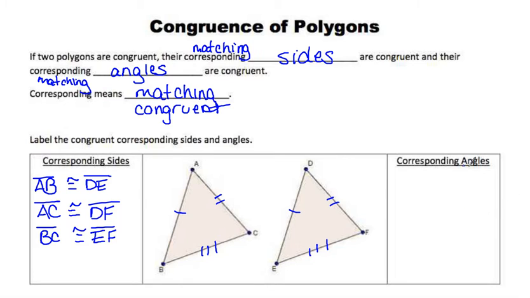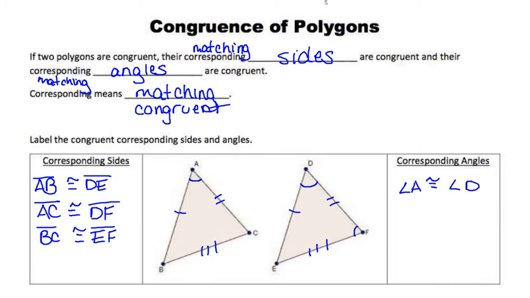Now let's talk about corresponding angles. Corresponding angles are congruent to each other. So angle A, which I'm going to put one little swoop in, I wrote a little angle symbol, is congruent to angle D because it's in the same location.